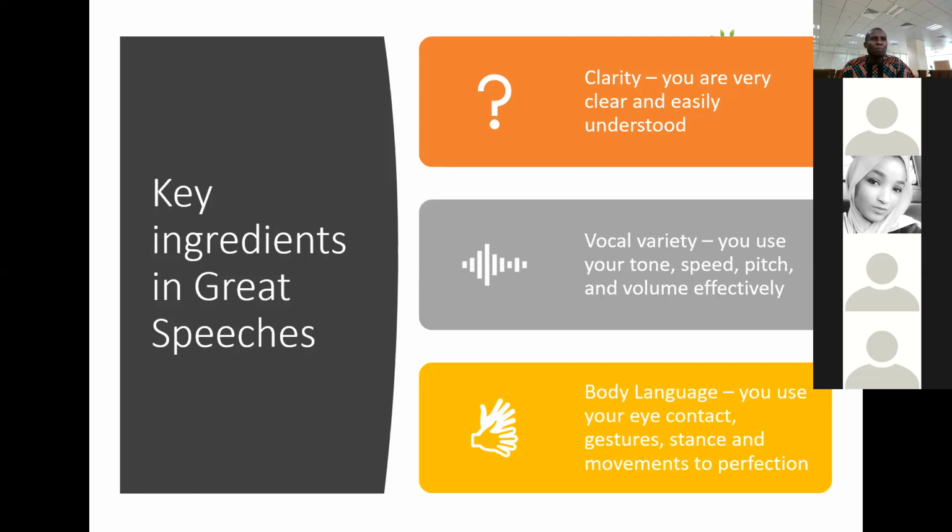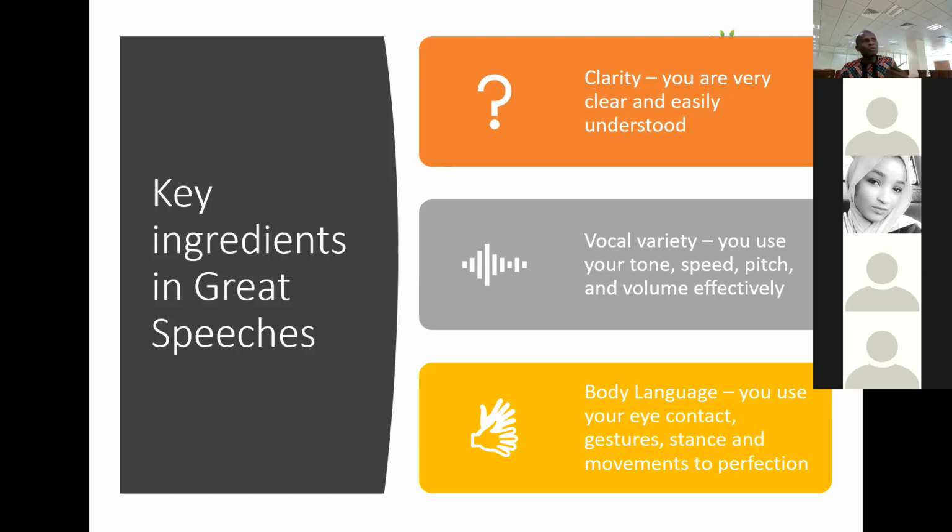And then your volume. If you are not using a mic, speak so that the last person behind the audience will hear you. Always improve your audience. And please make sure you are not shouting. There's a difference between speaking for people to listen to you and shouting.